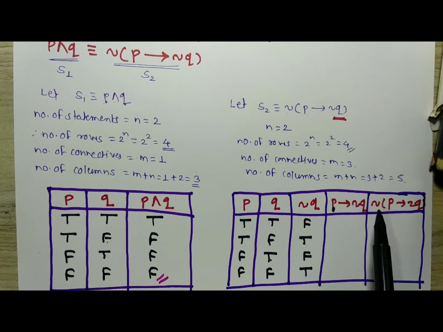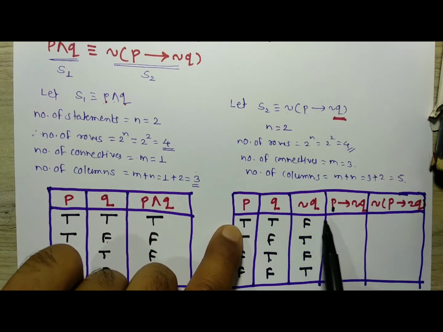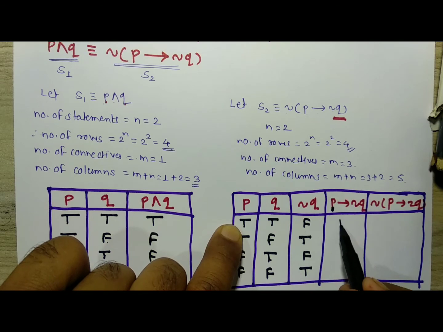Once again, I repeat it: first statement is true, and second statement, that means negation Q, is false, then it is false, otherwise it is true. And therefore, P is true and negation Q is false, then it is false here.